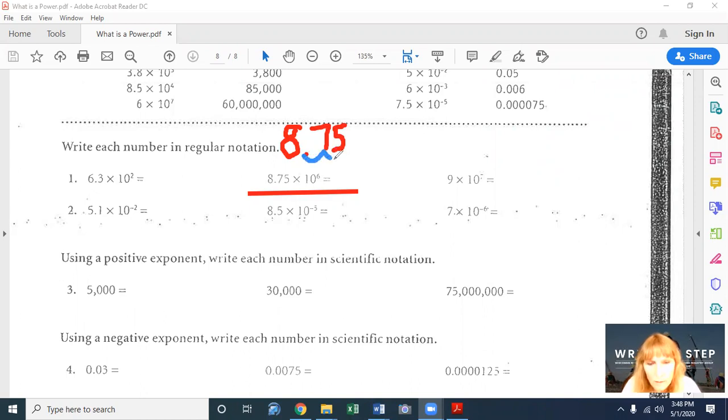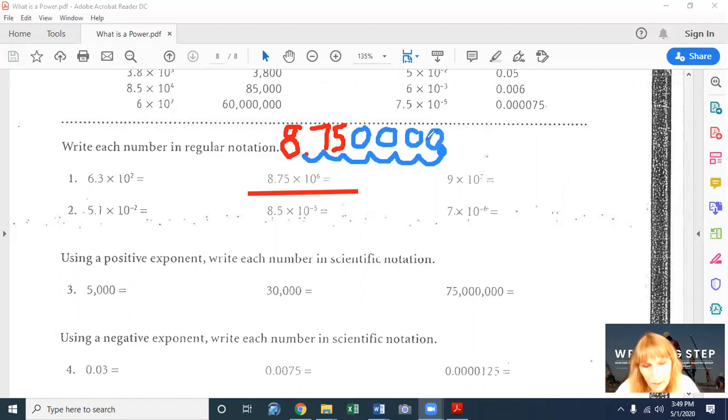1 spot, 2 spots, 3 spots, 4 spots, 5 spots, 6 spots. My decimal is now going to be over here. And what do I do with my empty spaces? I fill them in with zeros. 0, 0, 0, and 0.